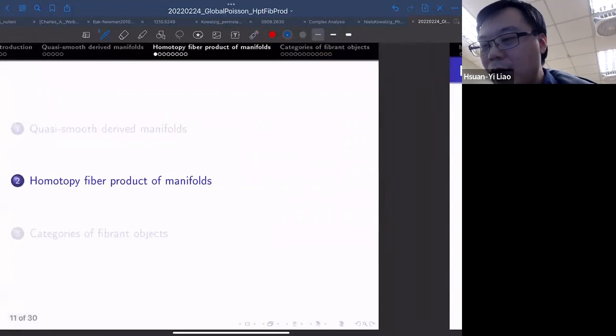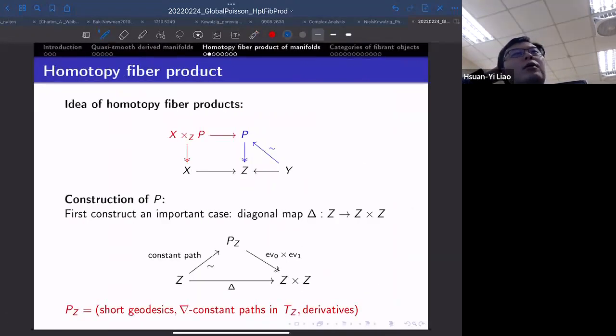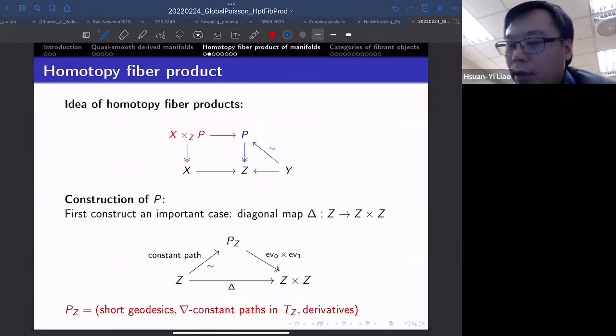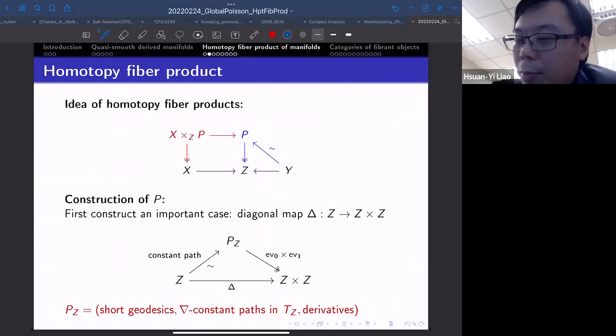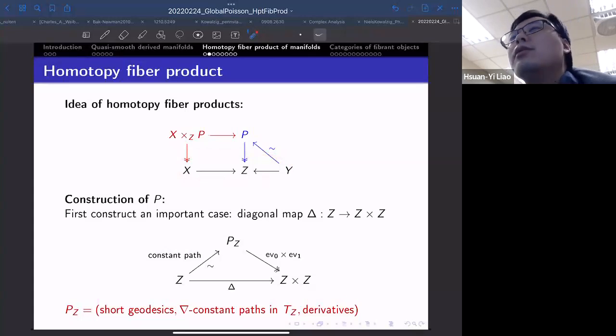Then let me explain our construction of homotopy fiber products. The idea of homotopy fiber products is like this. Recall that a fiber product of manifolds might not be a manifold. Suppose X, Y, Z are manifolds and the arrows are smooth maps.